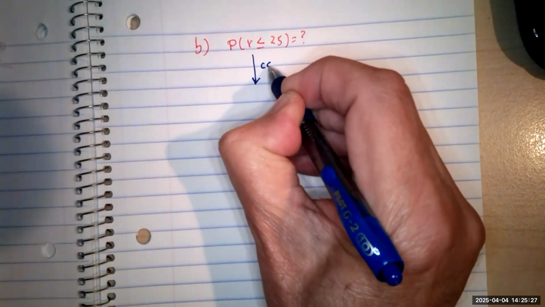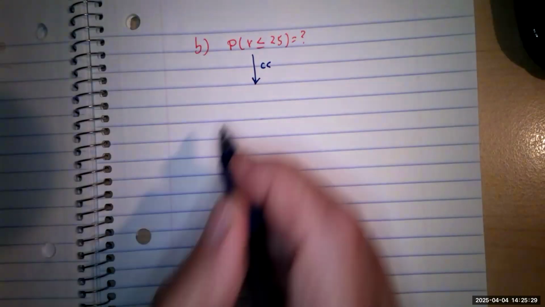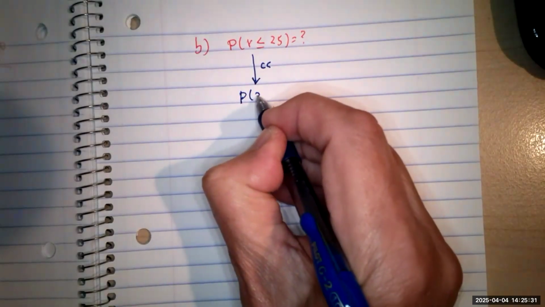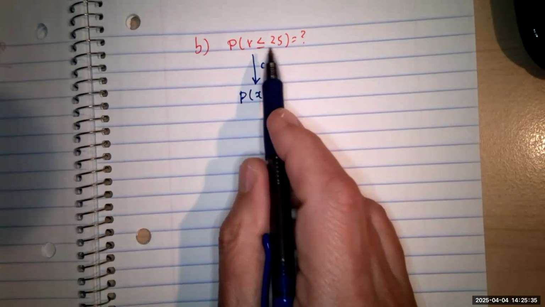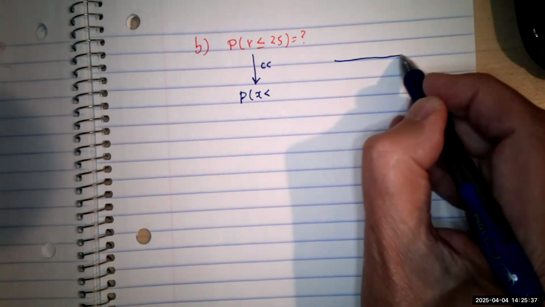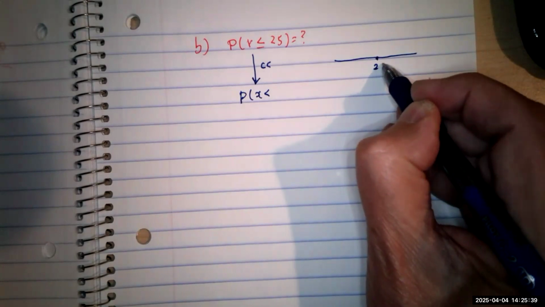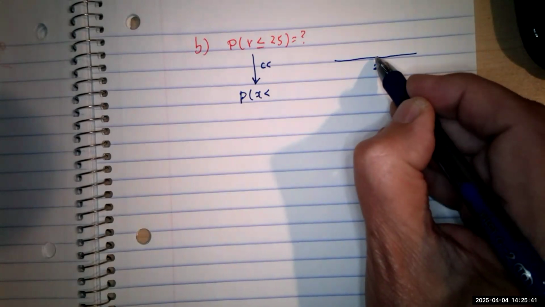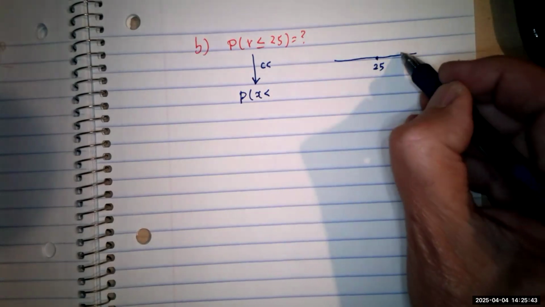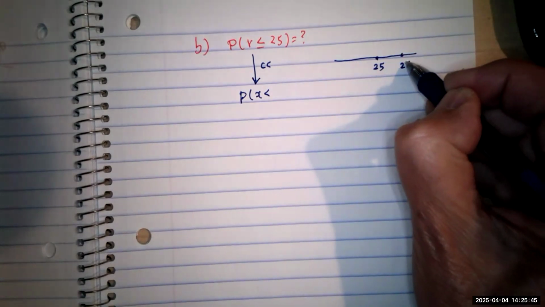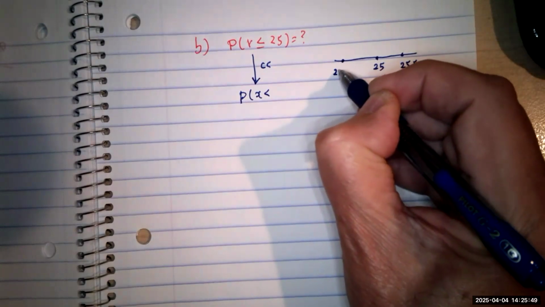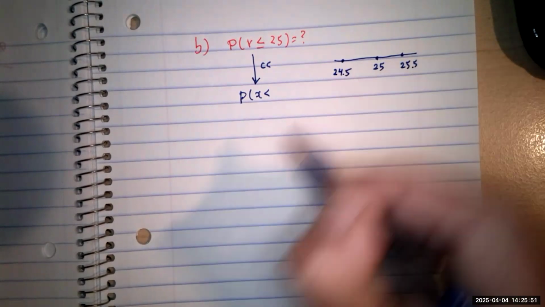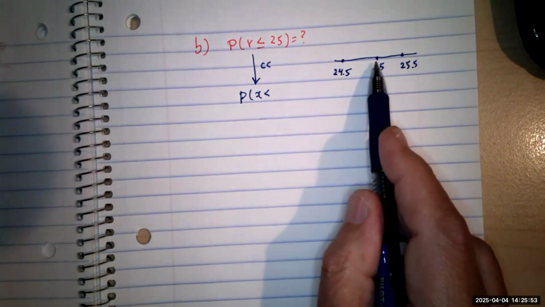We call it CC, correction for continuity. This is 25. Go 0.5 to the right and 0.5 to the left: 25.5 and 24.5. Both of them contain 25.